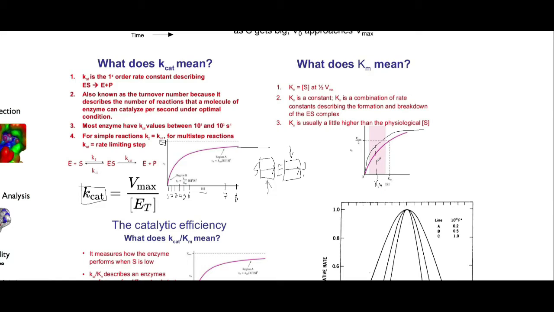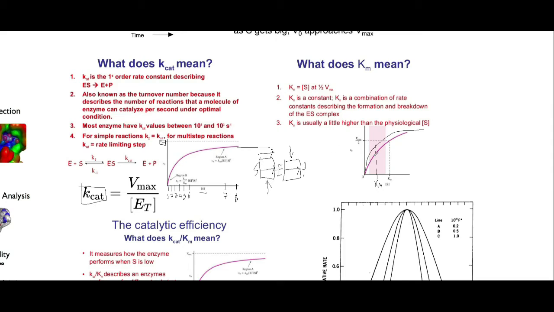If you're at half of your V max at a lower concentration, this is saturating your enzyme much quicker, because you're getting rate limited much sooner, since the substrate is binding to the enzyme quicker.